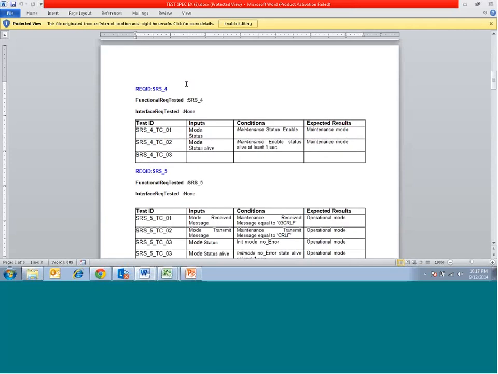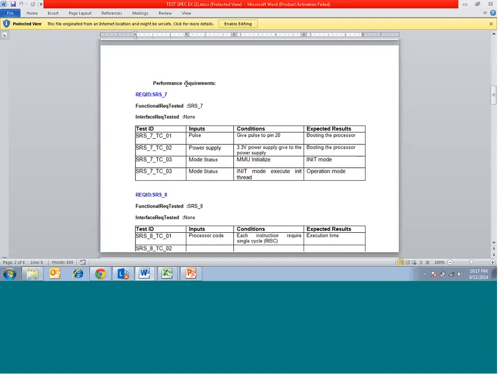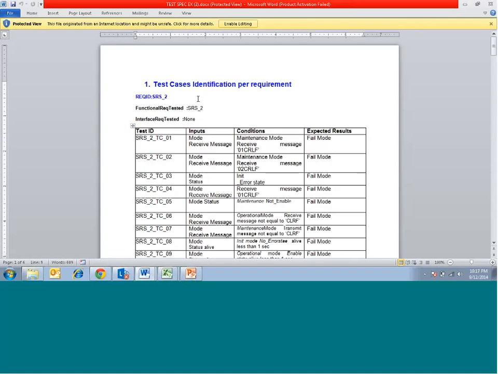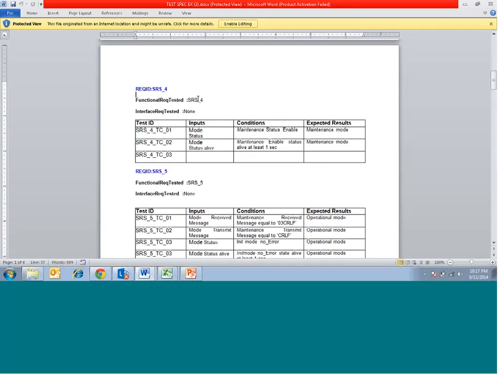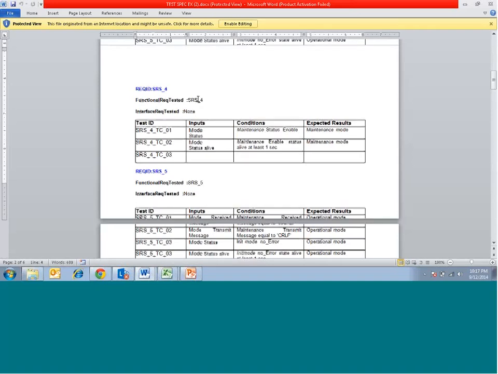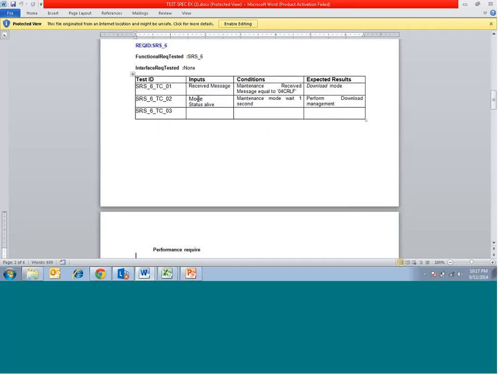So that's how we are going to develop test cases, and the grouping is based on different functionalities. Like first few cases we will concentrate on the modes of operation. The next one we concentrate on performance requirements, and the next grouping is based on the timing, and the next group could be based on the watchdog.